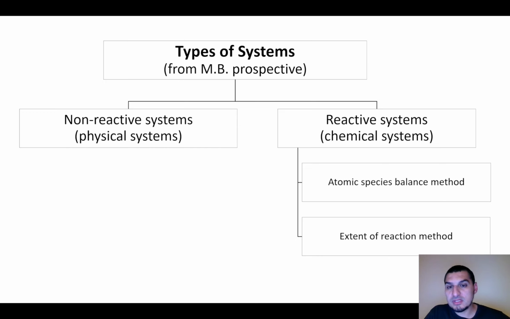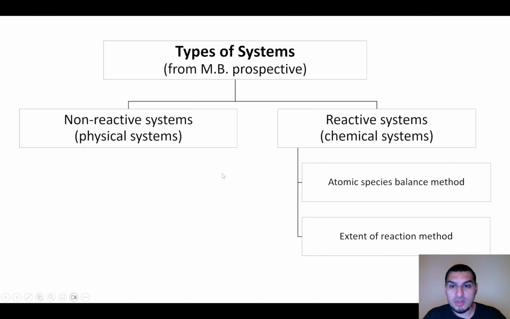For these systems, it's like the separators, like the mixers, like the extractors, like splitters. All these are non-reactive systems, meaning that there is mass balance that we can do on the system, but there is no reaction. So the number of moles of each species is constant. It just differs from one stream to another, but the total in equals the total out, and this is what we use to do here.